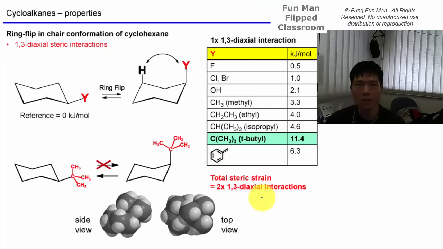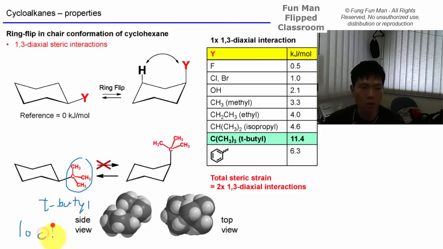Now, under what kind of circumstances can the ring flip be done? Of course, you have to have enough energy to overcome the activation energy, the energy barrier, when you have these transitions. But some other times, it is impossible, like in the case of a tert-butyl. The tert-butyl group is what we call in chemistry a locking group.